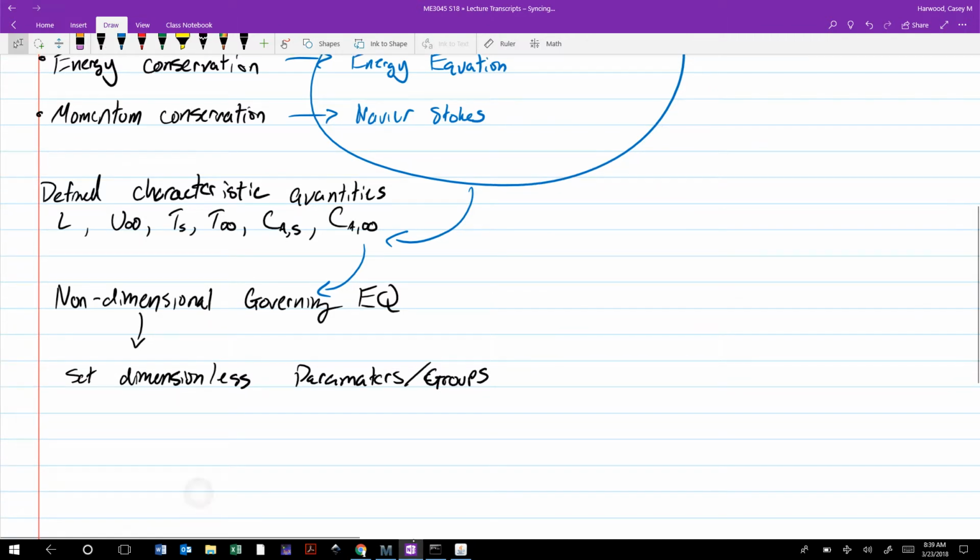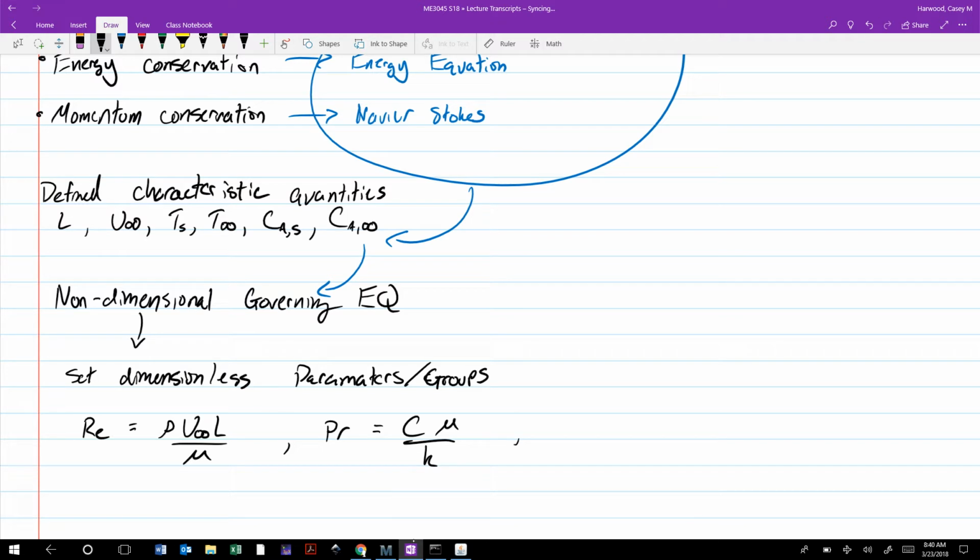specifically things like the Reynolds number, which is equal to rho u infinity L over viscosity. The Prandtl number, which is the thermal capacity, mu over k.